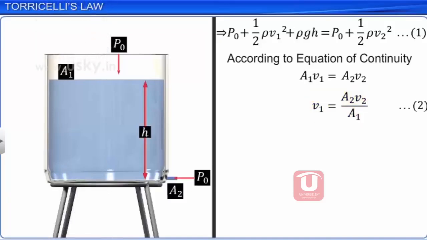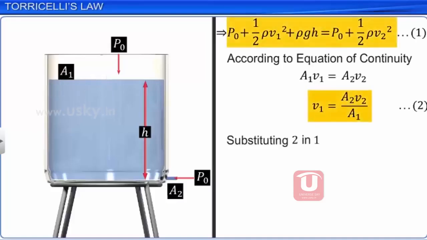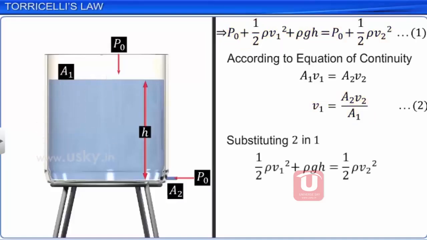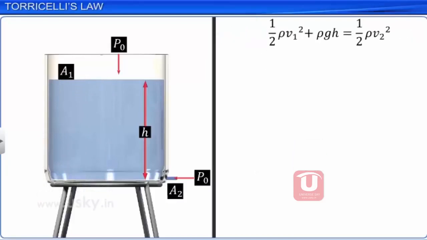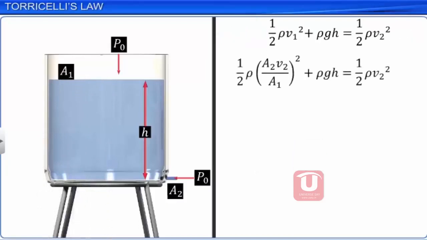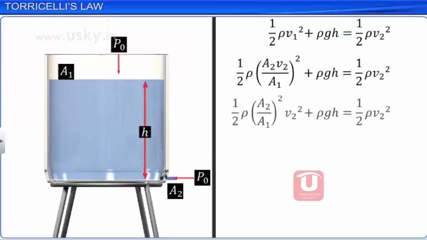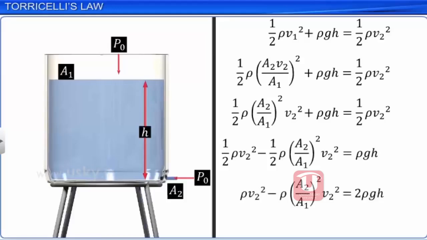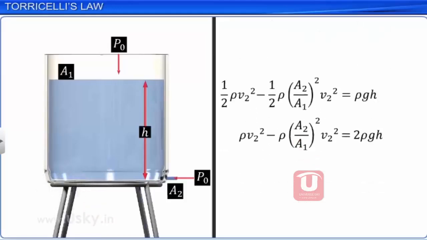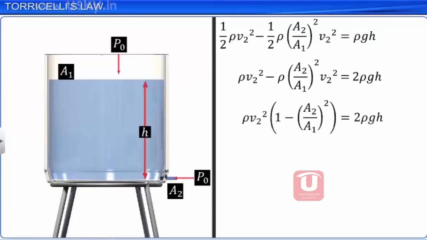Substituting equation 2 in equation 1 and simplifying, we get equation 3 as V2 square multiplied by 1 minus the square of A2 by A1 is equal to 2GH.